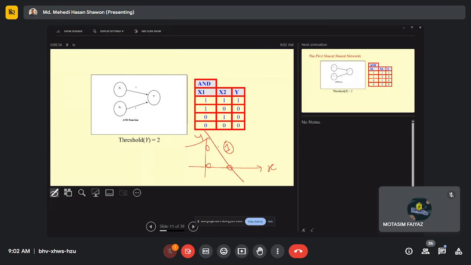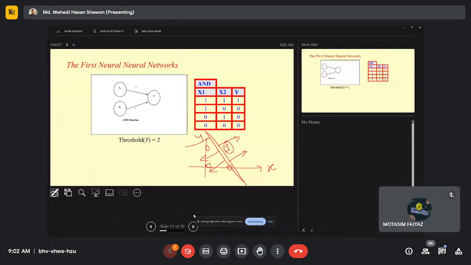All the positives are on the right side, and the false values are on the left-hand side. So this straight line actually works as an AND gate. Whatever is on the right side of that portion will give you 1, if you consider the AND function.